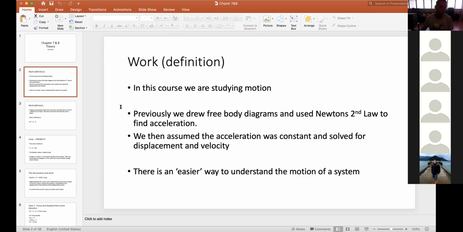So what is work? Well, if you apply a force over a certain distance, so if I apply a 5 Newton force over a 2 meter distance to a mass, I do work. Work is the change in motion, the change in velocity, we'll see, of a particle or system due to a force acting on it.